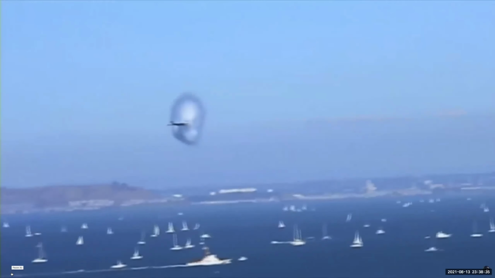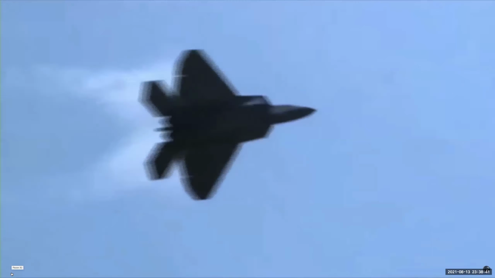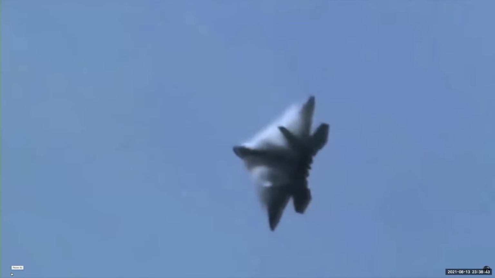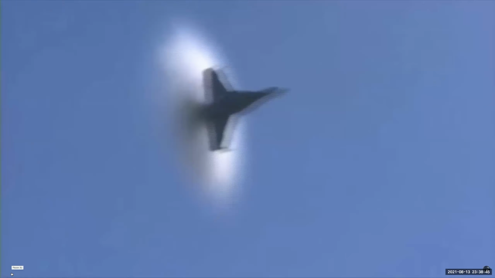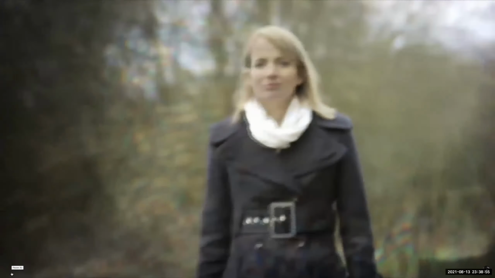As the plane approaches the speed of sound, it is momentarily engulfed by a blast of cloud. This is strange weather at its fastest. Meteorologist Steph Golter explains exactly how this bizarre cloud is formed.